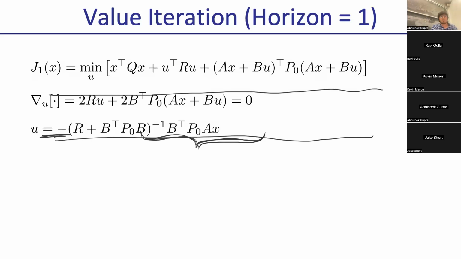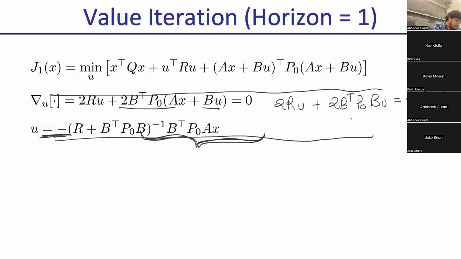So if you set it to 0, you separate this out into this term and this term. You can write this as 2RU plus 2B transpose B naught BU is equal to minus 2B transpose B naught AX. I just expanded this and grouped the U's together.